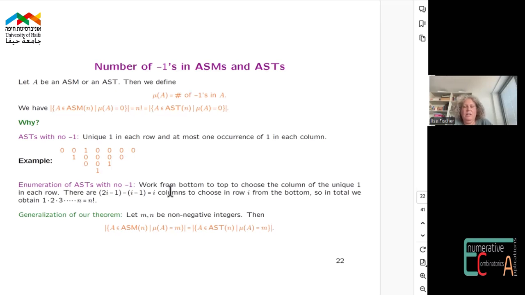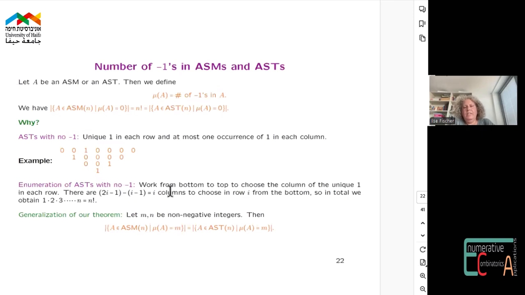I will try to convince you why also in this case we have n factorial many alternating sign triangles. So why is this the case? First of all, what is an alternating sign triangle with no -1? You have to have a unique 1 in each row, because one of the conditions was that all row sums have to be 1.